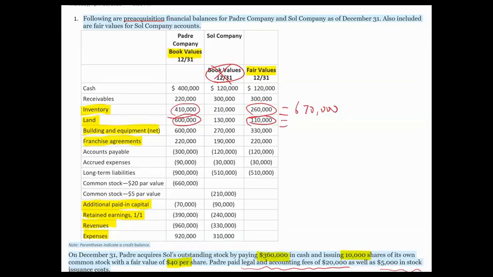Then it equals 710,000. Building and equipment, still book value on the parent's books and fair value on the subsidiary's books, equal to 930,000. Next one, franchise agreement is going to equal 220,000 plus 220,000, equal to 440,000.